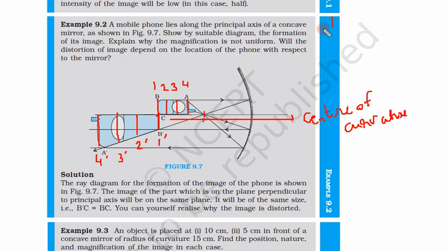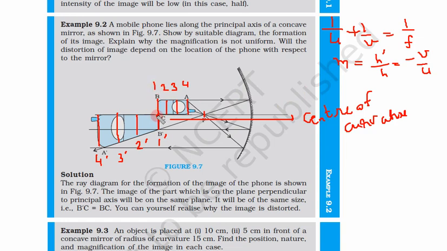Mirror formula was 1 upon u plus 1 upon v is equal to 1 upon f. And what was the formula for magnification? m is equal to h dash upon h is equal to minus v upon u. So from these two formulae, let us try to understand this figure.